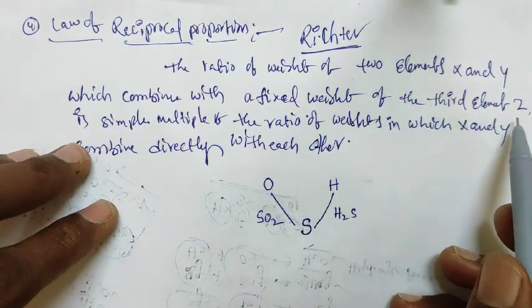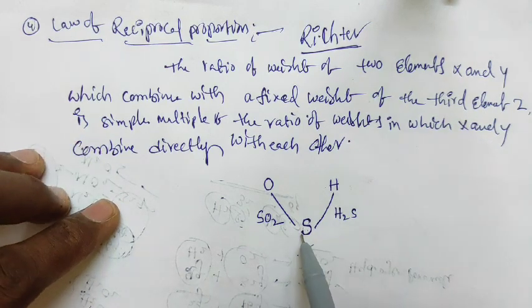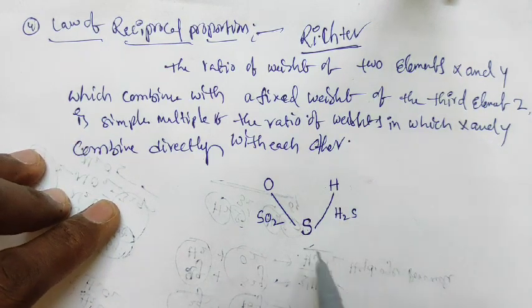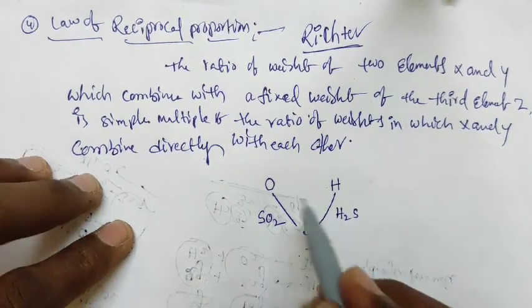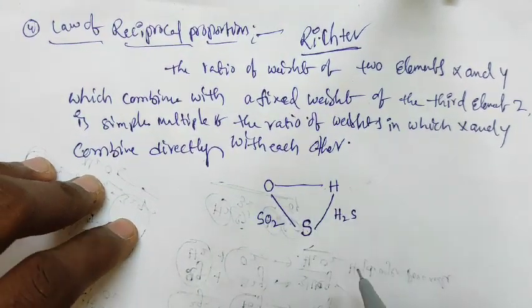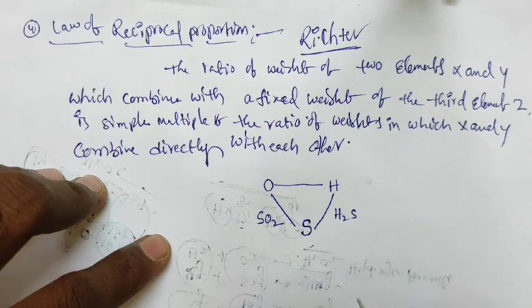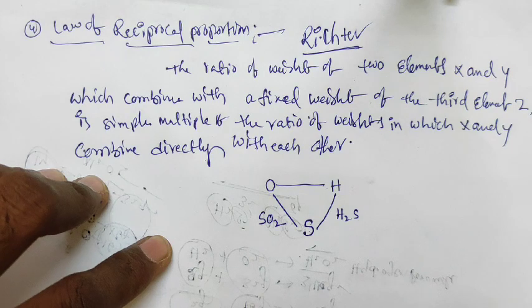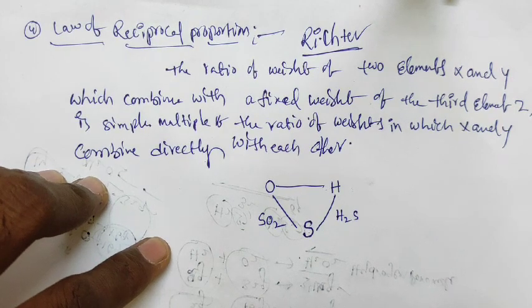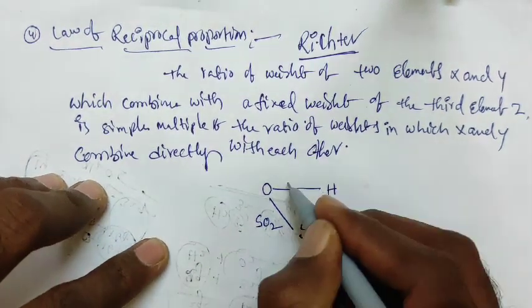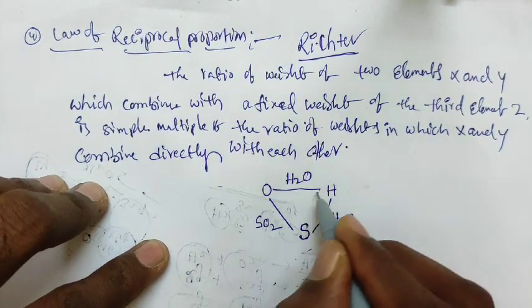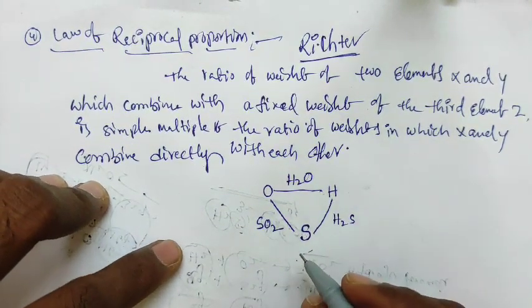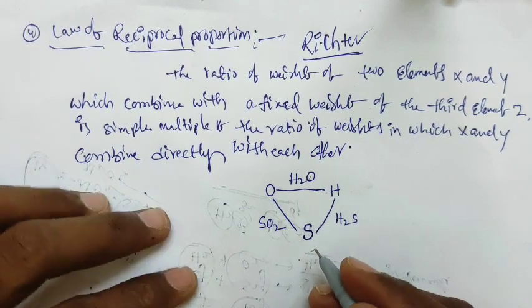So the third element z is a simple multiple of the ratio of weights in which x and y combine directly with each other. Now SO2 and H2S will form. The elements combine directly with each other, hydrogen and oxygen combine to form H2O.